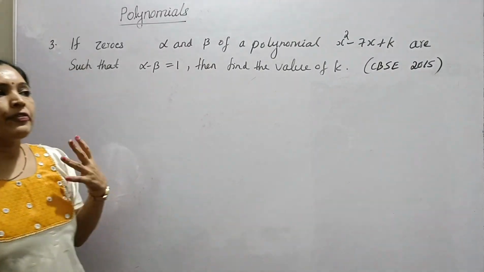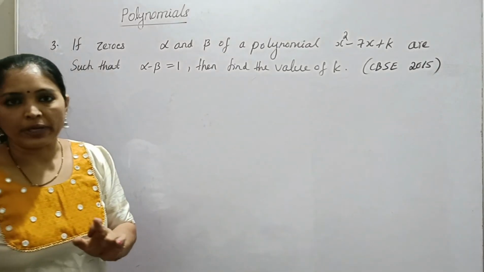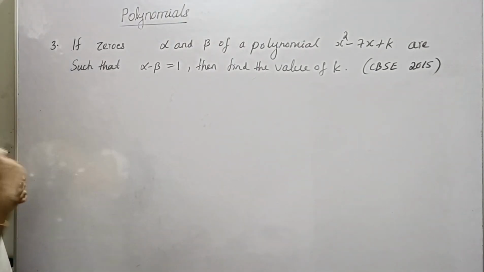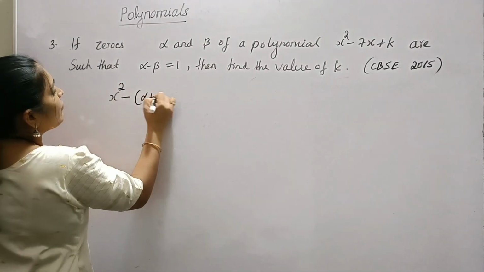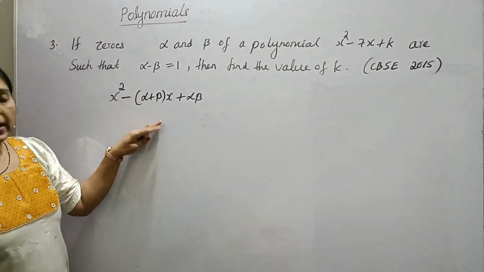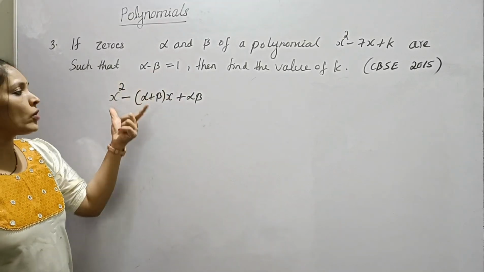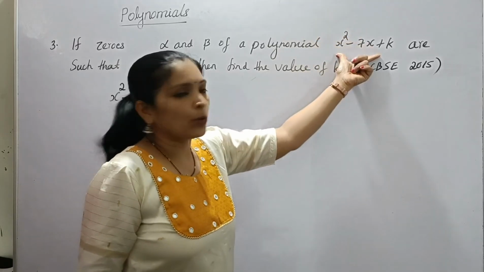So first of all, we know that if alpha and beta are the zeros of the polynomial, then the quadratic polynomial is in the form x square minus alpha plus beta into x plus alpha into beta. And it is given that alpha and beta are the zeros of this polynomial.